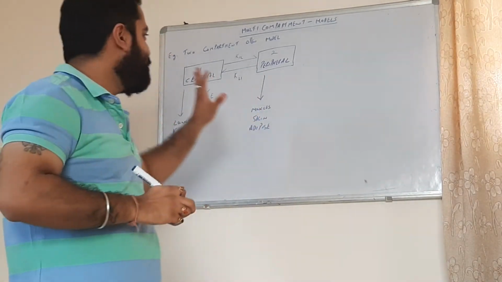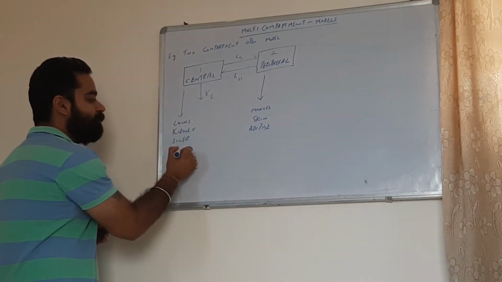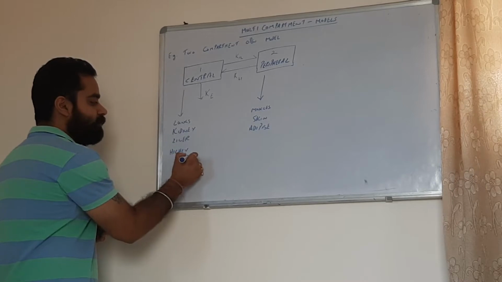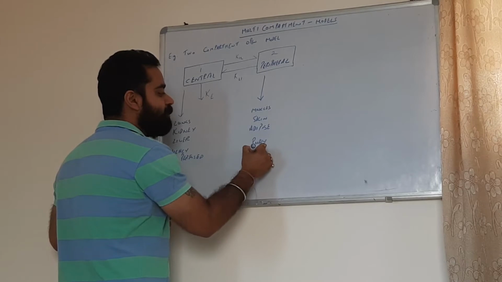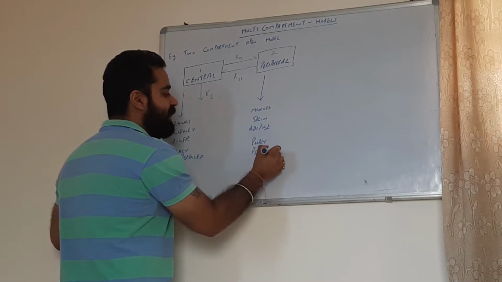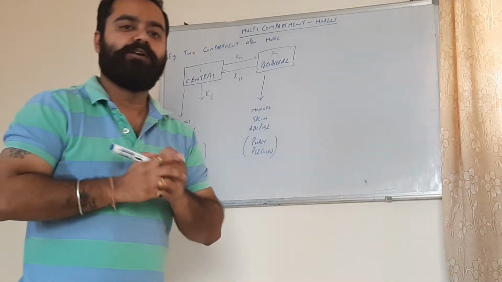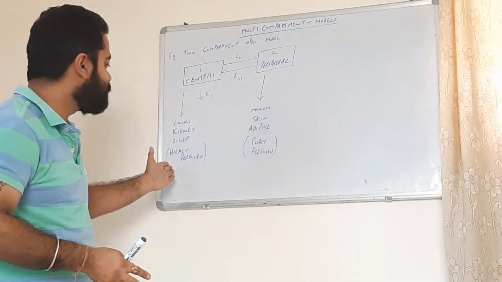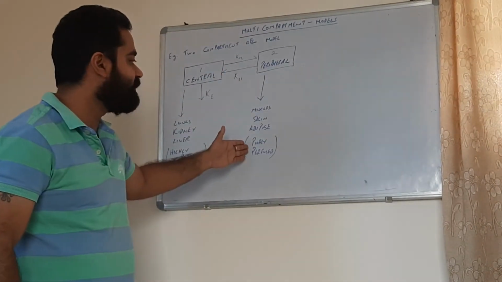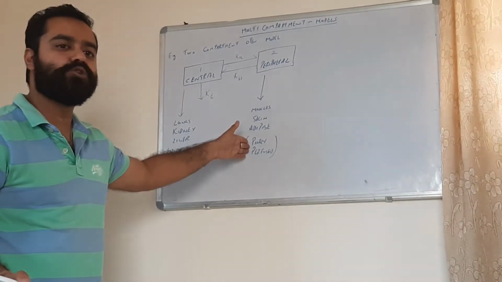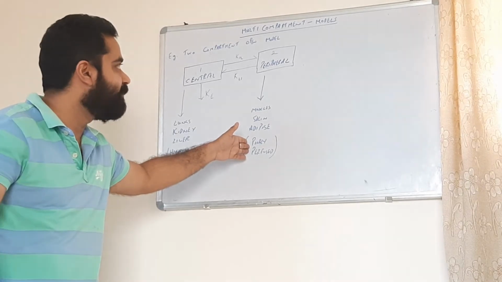The difference is that the central compartment organs are highly perfused, while the peripheral organs are poorly perfused. This means that the highly perfused organs will show a higher rate of drug distribution because the blood flow rate will be higher, while the poorly perfused organs will show a slower distribution pattern because of less blood flow.